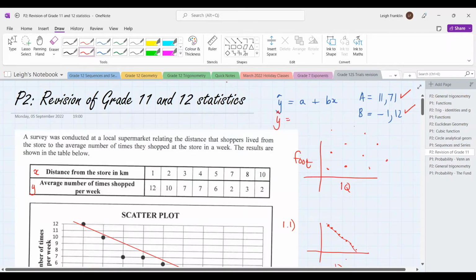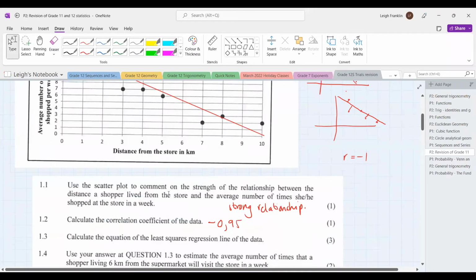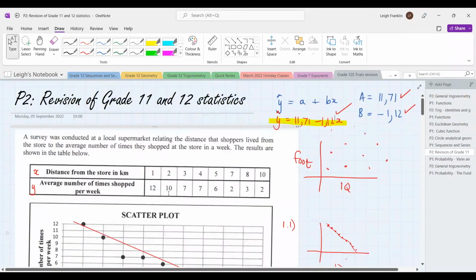Okay, so you've got to make sure that afterwards you go ahead and you write it like this. Don't forget to put the X in. Okay, a lot of matrics do that and they end up losing that 3rd mark. So this is your 3rd mark over here for writing it as an equation. Okay. Everybody good with that?